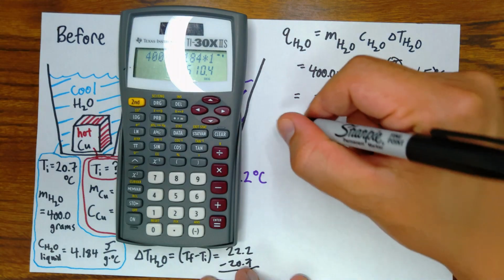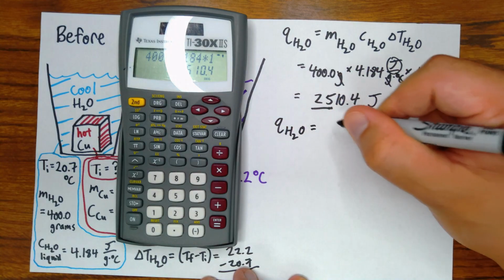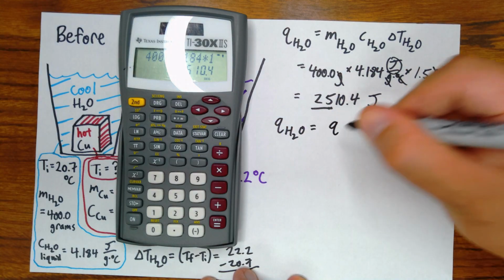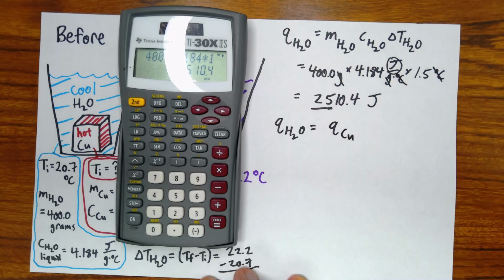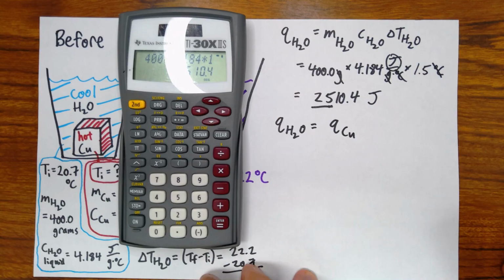Okay, the amount of heat absorbed by the water is the same amount of heat that the copper gave away. Okay, if I give you $100, I have negative $100. You have positive $100.